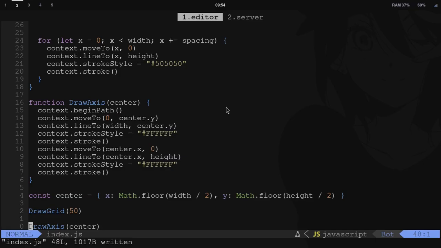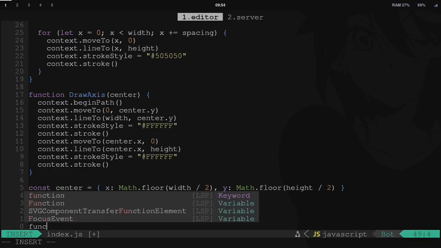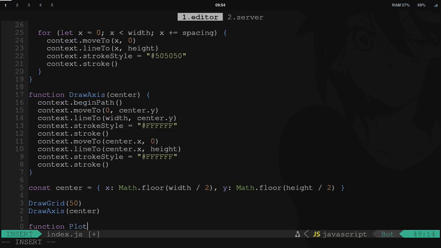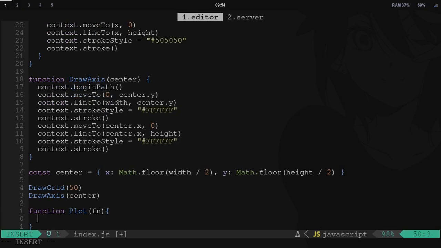Now let's start with function plotter. So function plot, it will take in a function and it will plot.